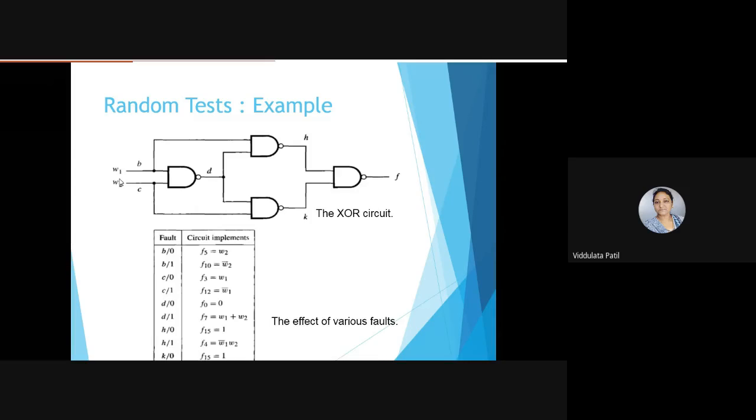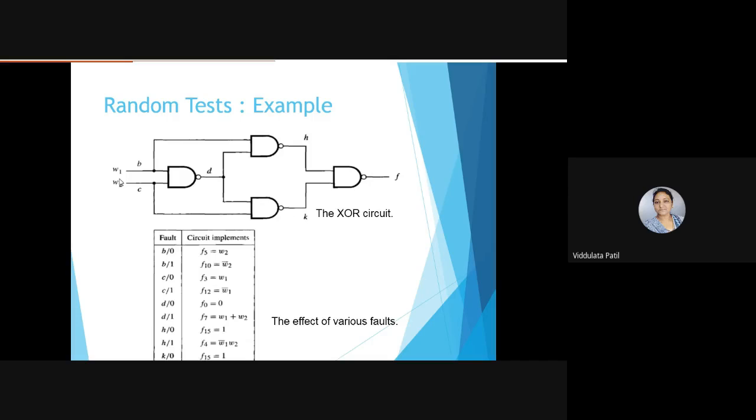Yes. W1 is 0, W2 is equal to 1. What will be the output? D is equal to 1. H will be equal to? H is equal to 1 and K is equal to 0.